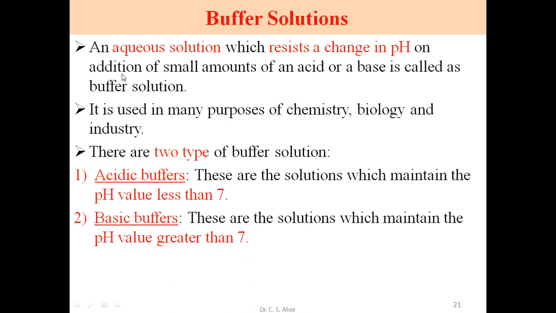If this is an acidic solution, one which maintains a pH value less than 7, such a buffer solution is called an acidic buffer. When the aqueous solution maintains a pH value greater than 7, then it is called a basic buffer. So the buffer has two types, acidic buffer with pH value less than 7, and basic buffer with pH value greater than 7.